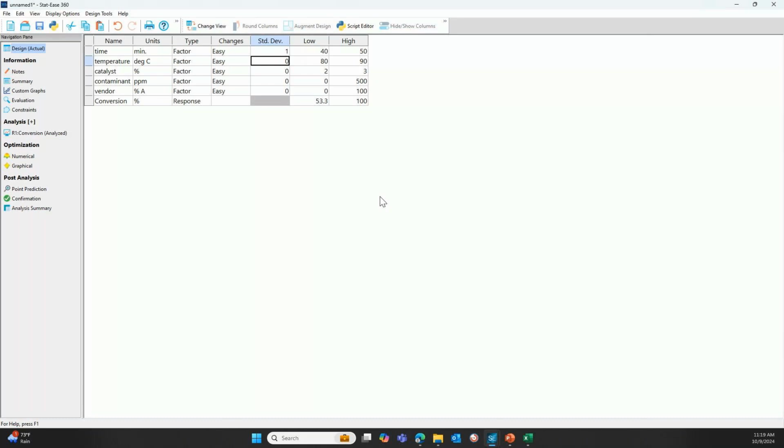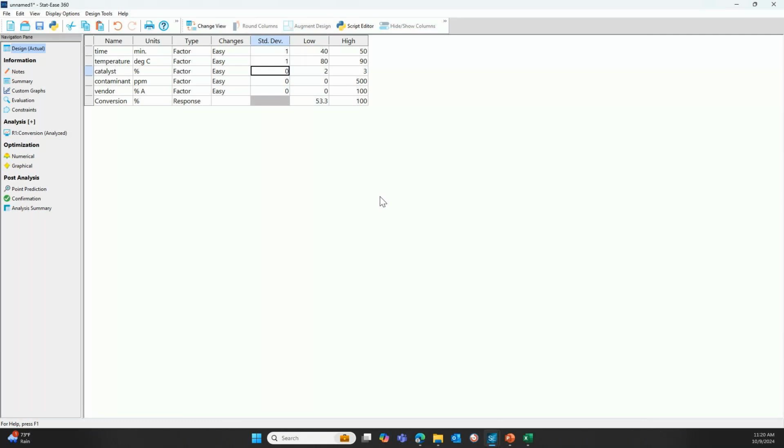And likewise, temperature. I look at my temperature control system and the fluctuations, and maybe I actually measure what happens inside the reaction system. I also reach the conclusion that a 1 degree standard deviation for the temperature that the reaction system actually sees would be a suitable estimate.